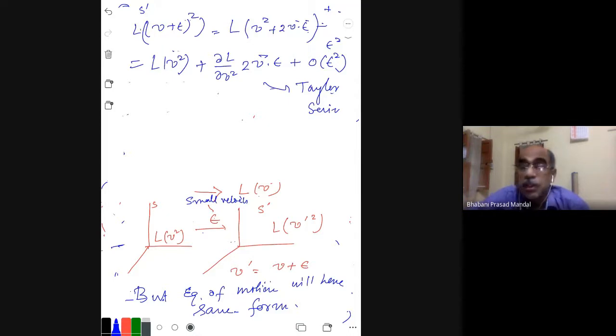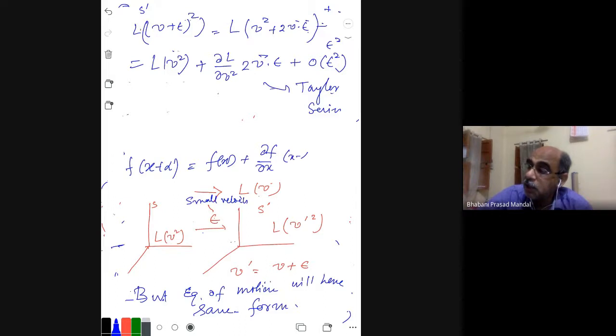I hope you know the Taylor series, right? If you have f of x plus alpha, then it is f of x, then del f del x times alpha. Here I am expanding around alpha equal to 0.